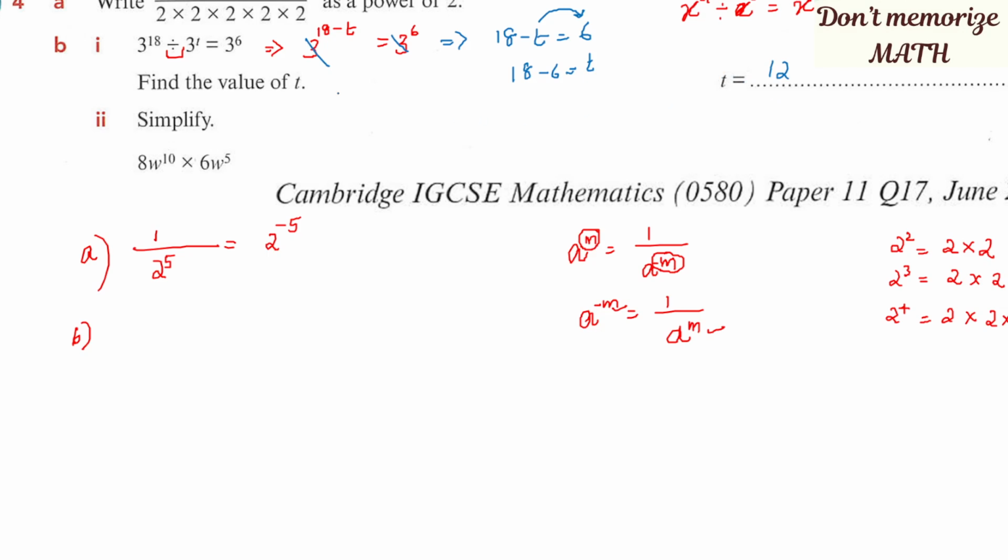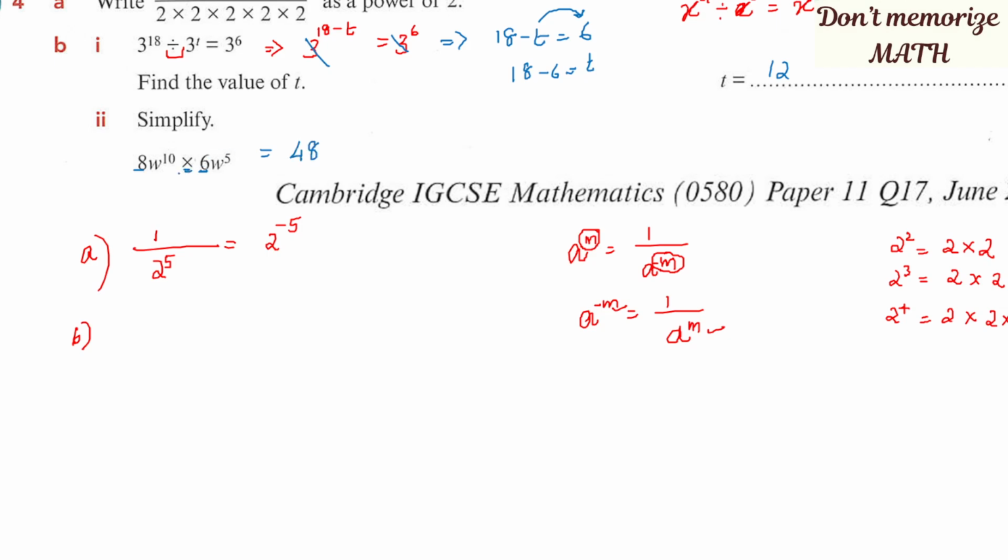Next one. Simplify 8w raised to 10 times 6w raised to 5. If we have numbers and indices together, first we multiply the numbers. 8 times 6 is 48.